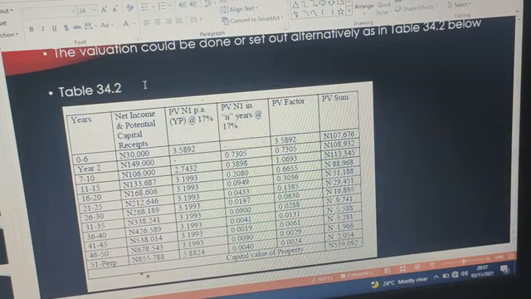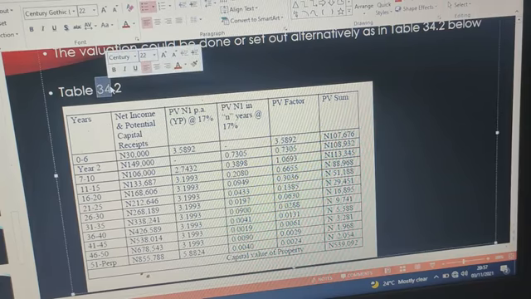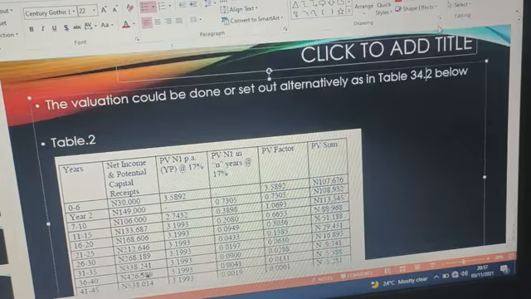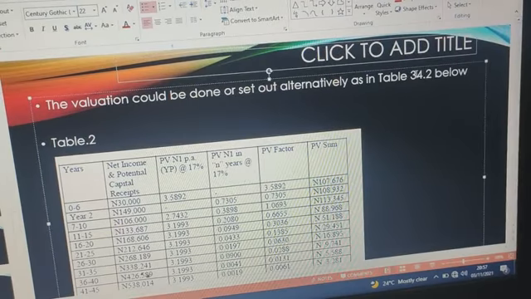Table 2. Year's net income and potential capital receipts, PVN1 per annum, YP at 17%, PVN1 in N years at 17%, PV factor, PV sum. 0 to 6 and 30, 0, 0, 0. 3.5892, 3.5892 and 107,676.